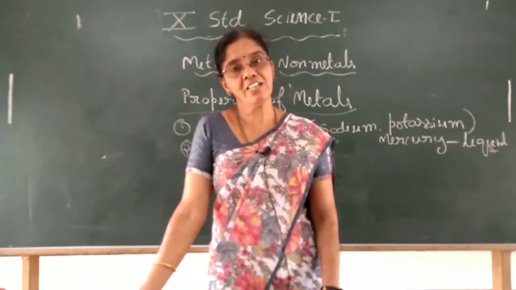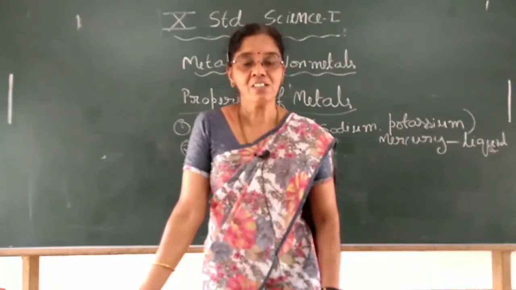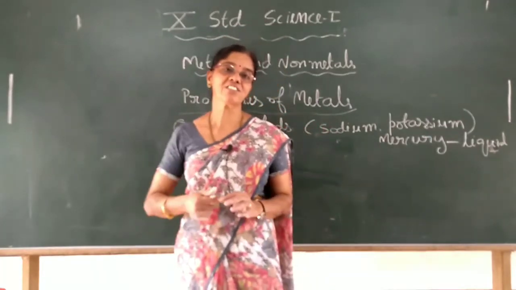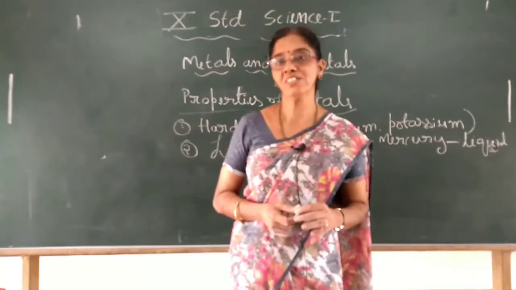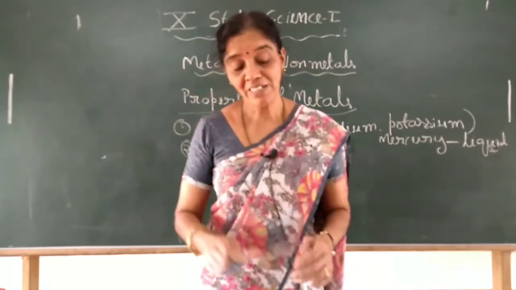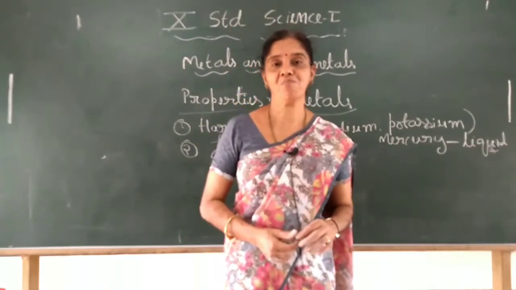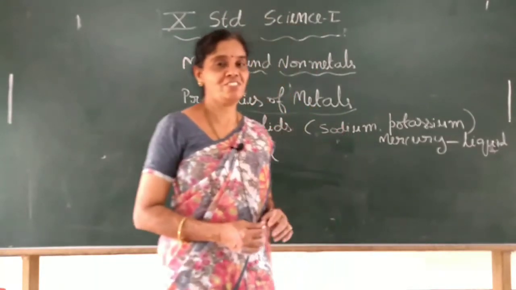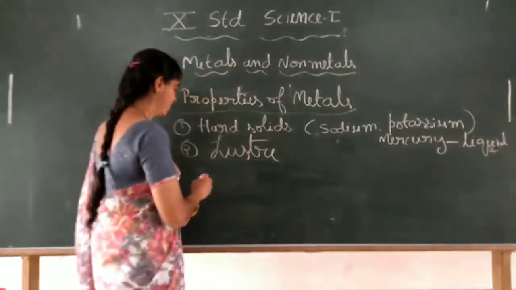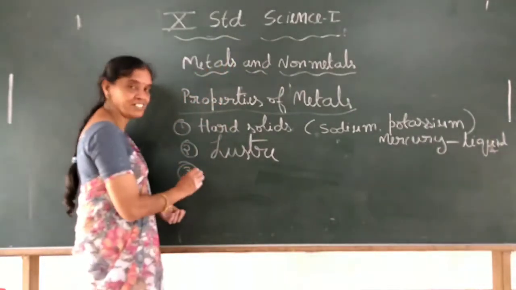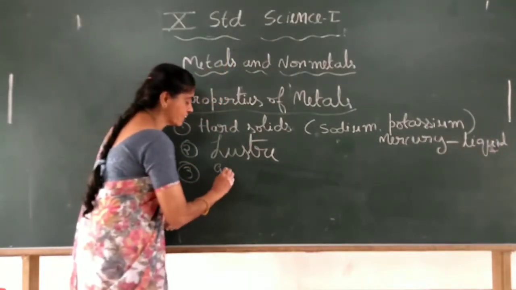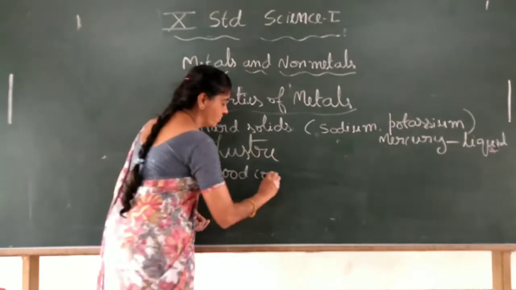Instead of using other materials, we use metallic utensils in the kitchen. Do you know why we use metallic material? Why we have to use them? Did you get the answer, children? They are good conductors of heat.